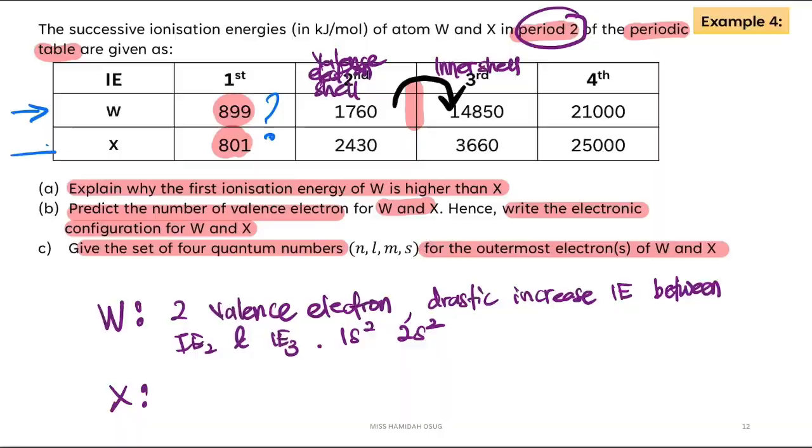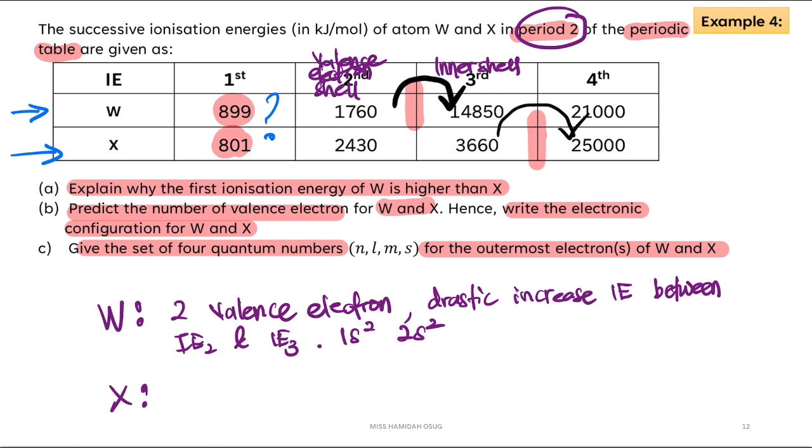Next, for X, as we can see from the ionization energy data, there is a drastic increase between the third and the fourth ionization energy. Meaning to say, the fourth electron is removed from the inner shell, and electrons 1, 2, and 3 are the valence electrons.